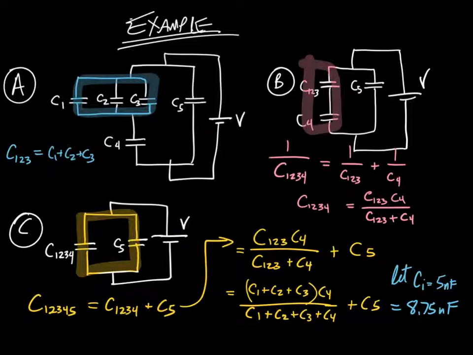One of the things about capacitors in series, since it's that 1 over, your capacitance in series would never be larger than your smallest capacitor. And you'll find resistors in parallel have the 1 over property, and so your resistance in a parallel network is never bigger than your smallest resistor in that network.